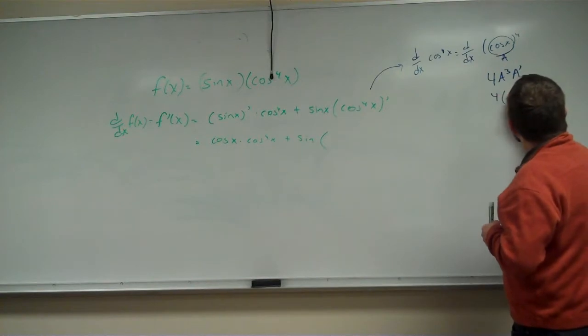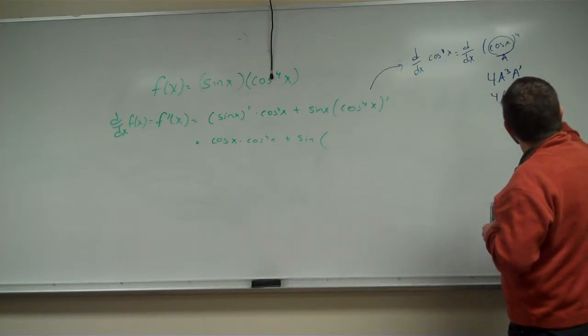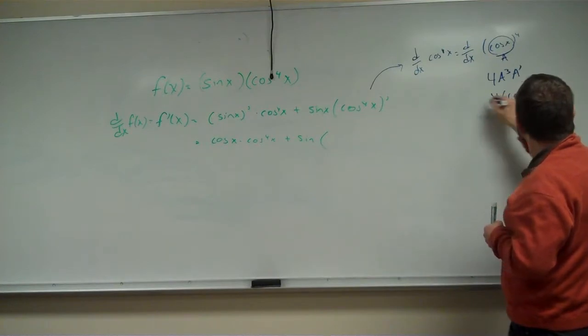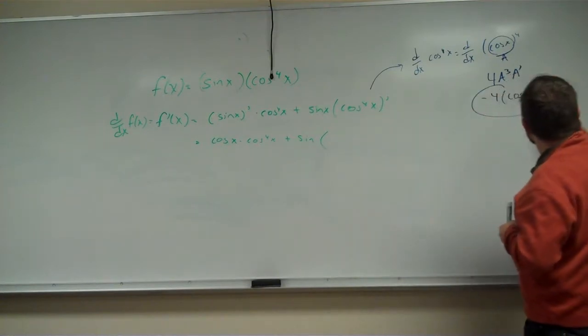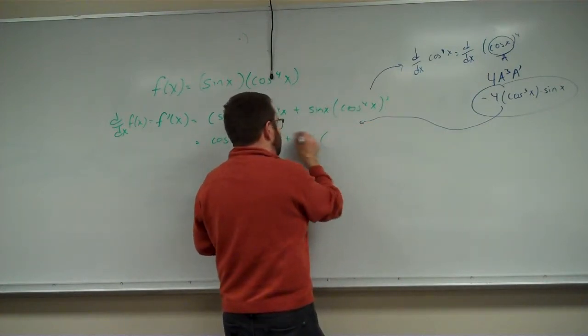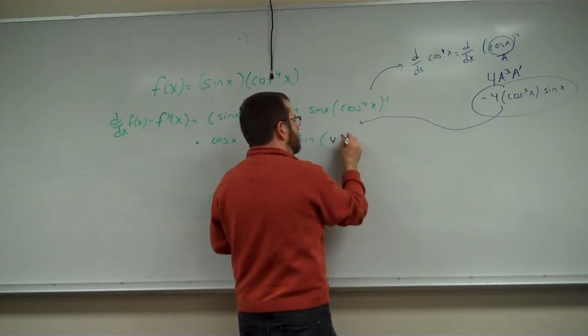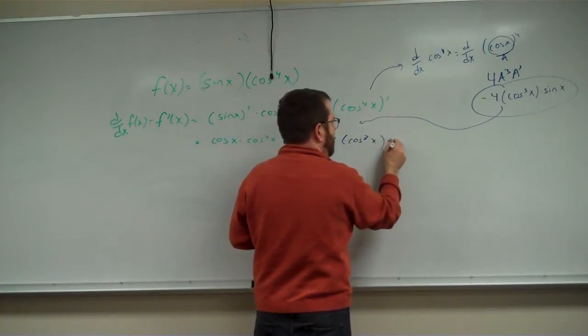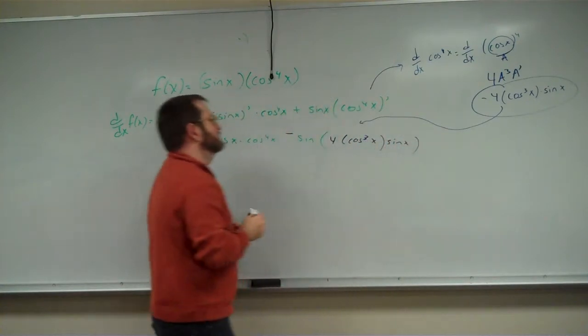Where 4 cosine cubed x times the derivative of cosine, which is negative sine. Plug this bad boy back in. Negative 4 cosine cubed x sine x.